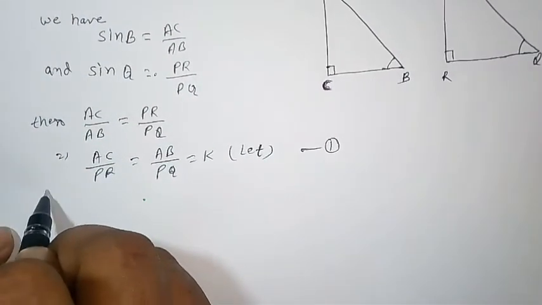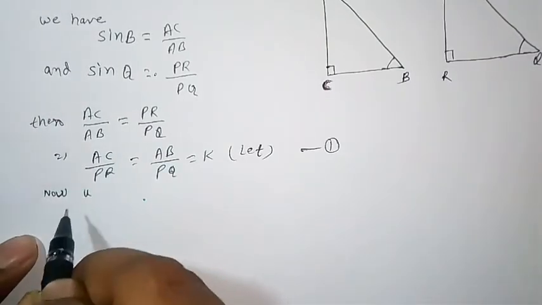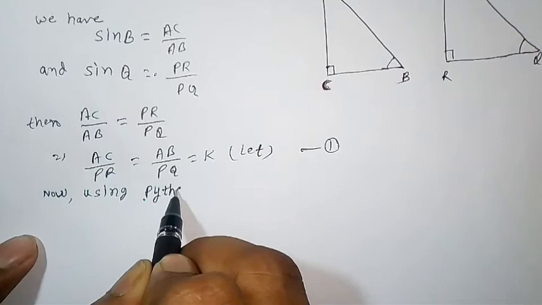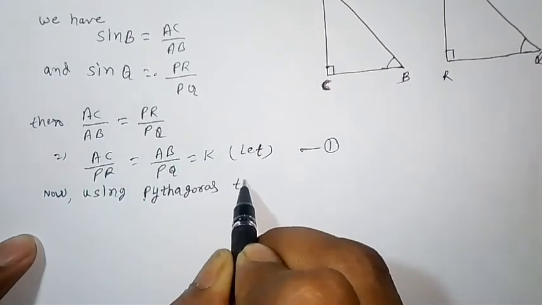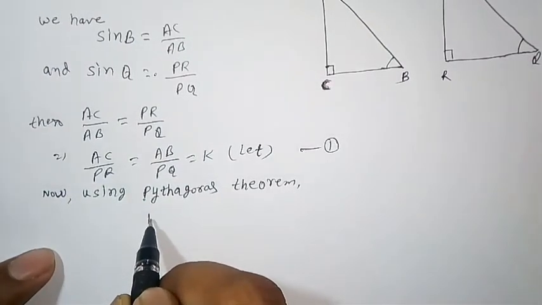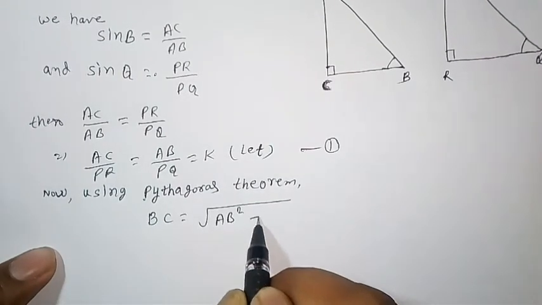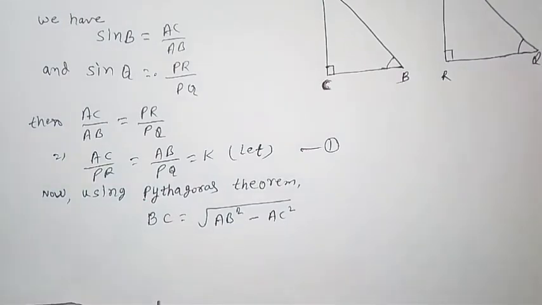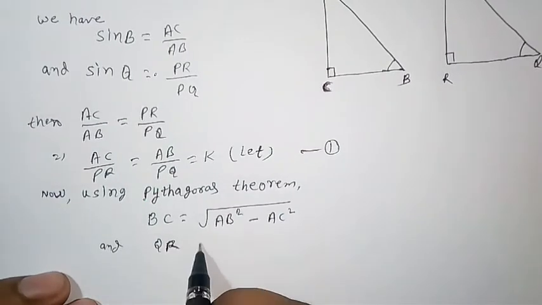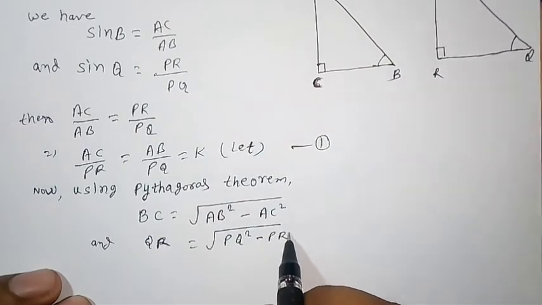Now using Pythagoras theorem, BC is equal to root under AB square minus AC square, and QR is equal to root under PQ square minus PR square.